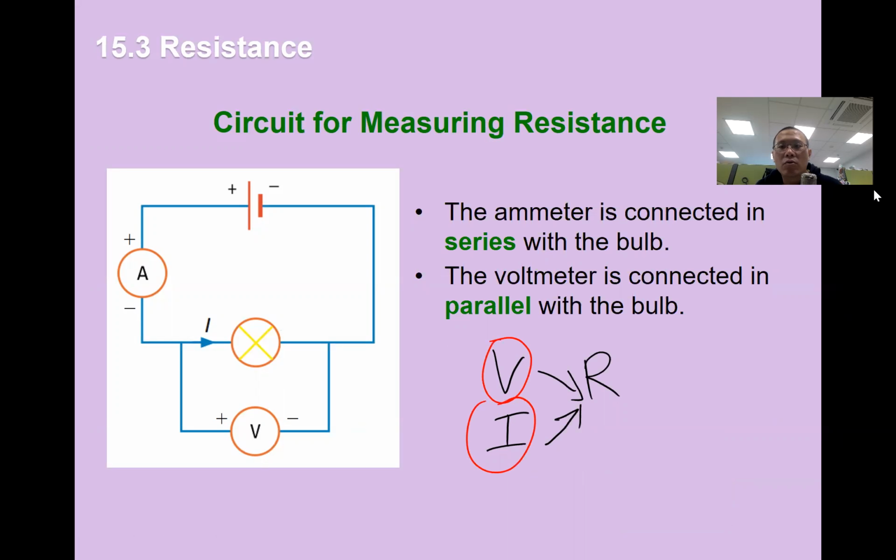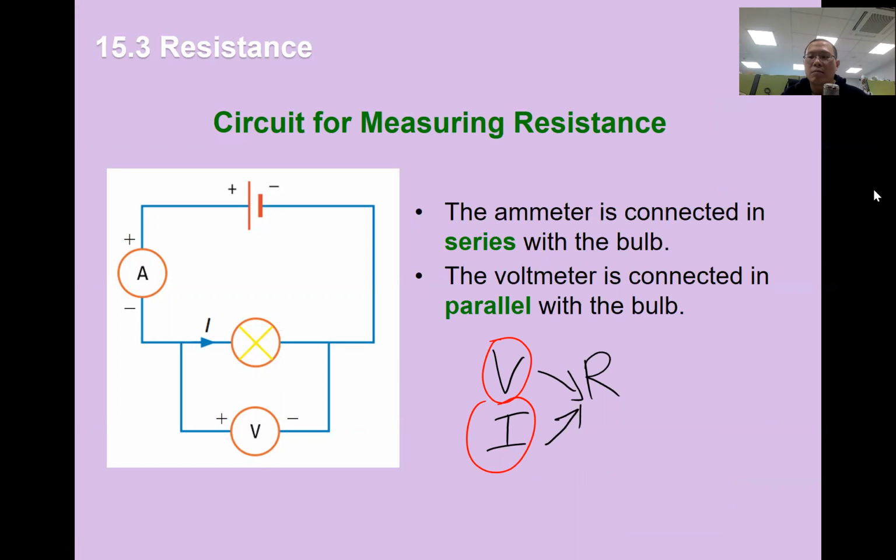How do you measure them? Same thing as before: I will need you to insert the relevant meters. For example, if I need a current, I will have the ammeter here. This ammeter measures the current for this component. So you need this equipment here.